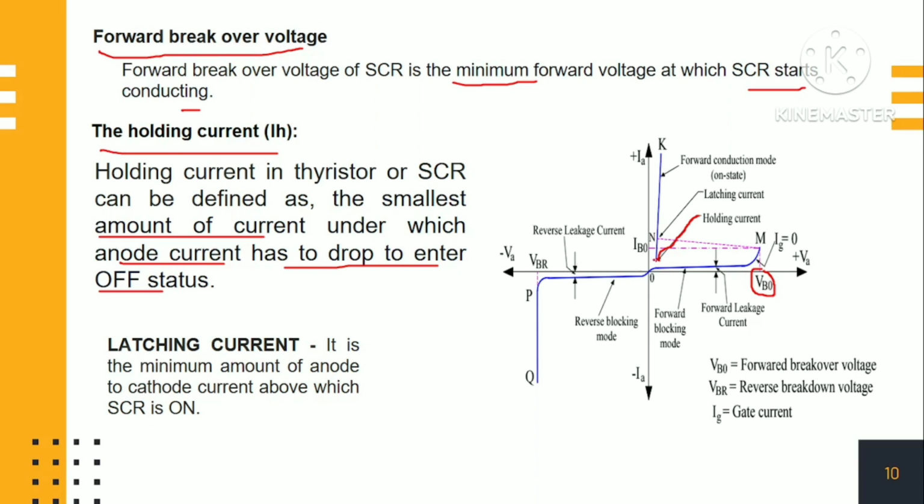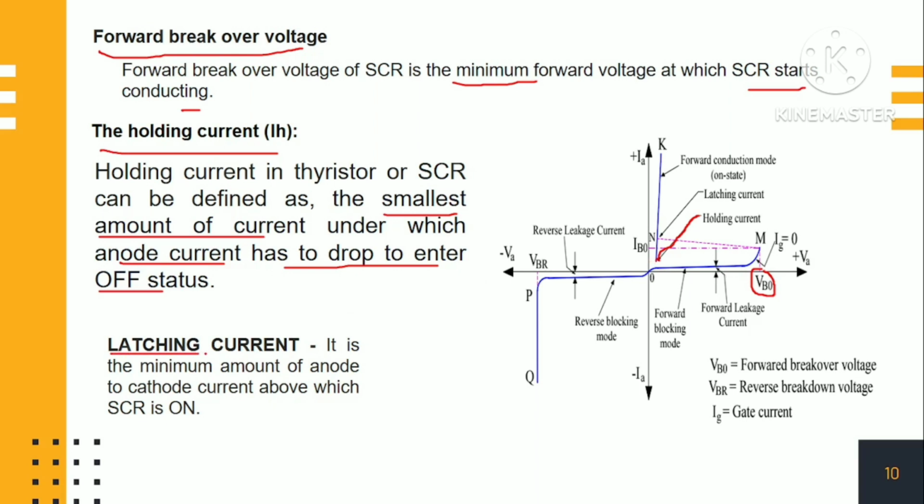So when the current falls below the holding current, the SCR becomes off, that means the SCR doesn't conduct. Only when it is above the holding current does the SCR keep conducting.